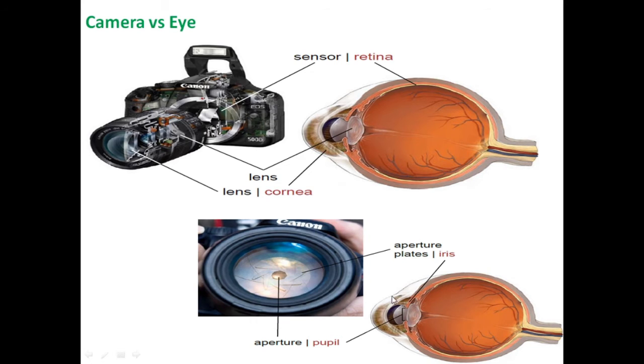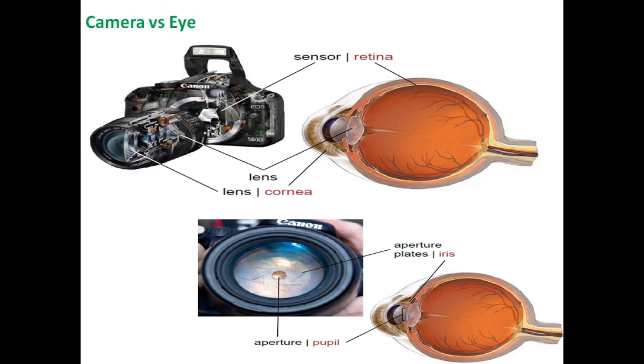If I don't want the light to enter into our room, I just close my window doors. So the window doors are the aperture plates, or the iris, and the window is the aperture, or the pupil. Hence, I think you people have got a clear understanding of it.